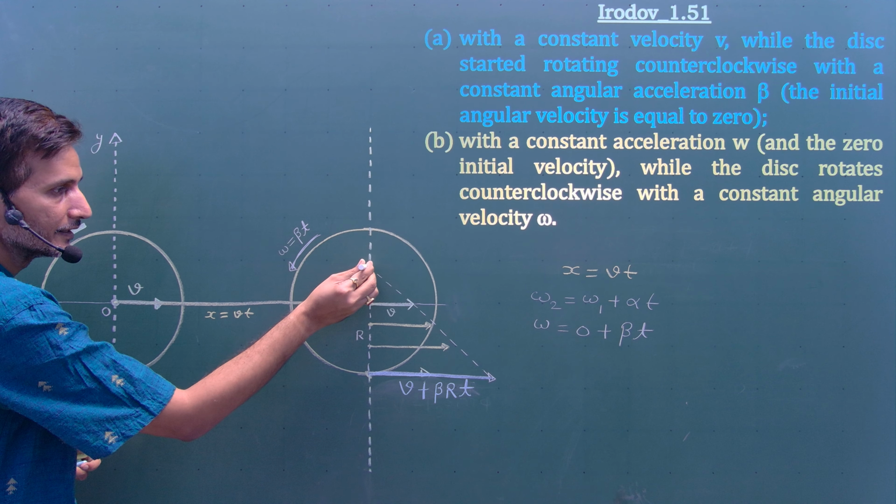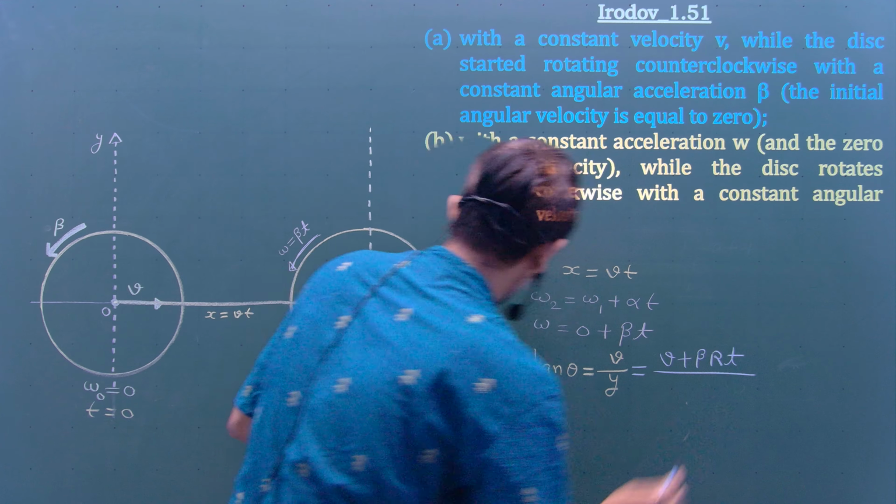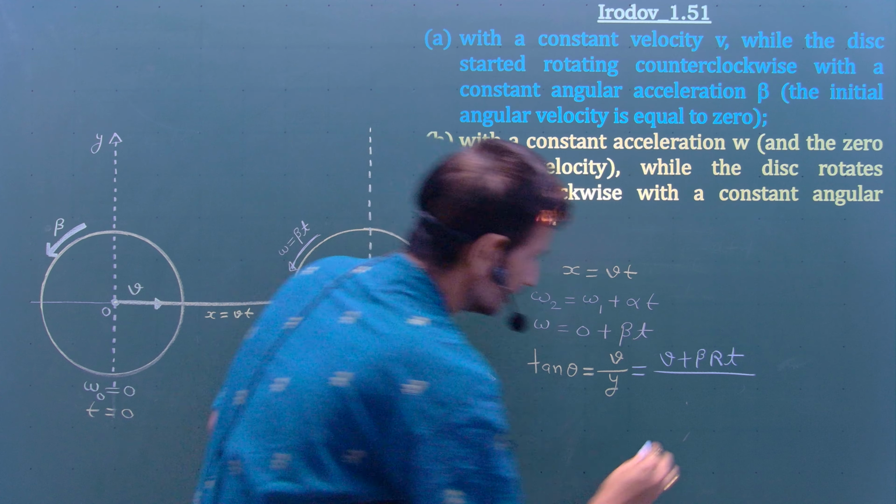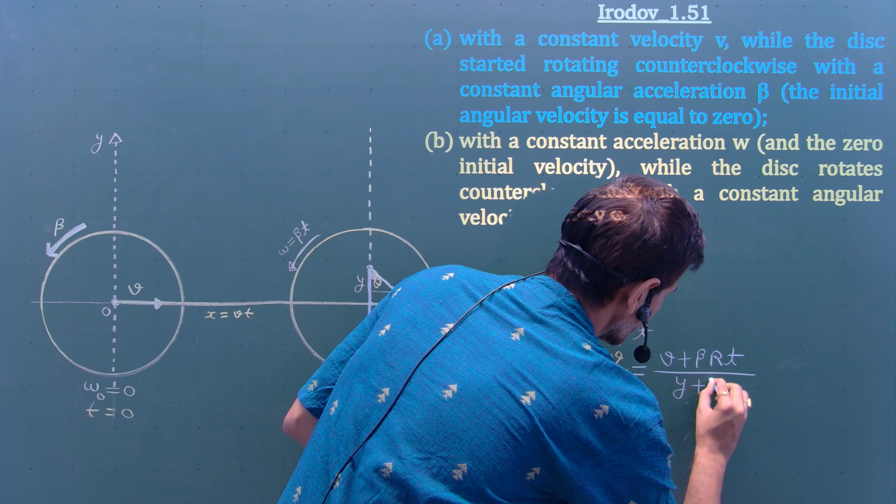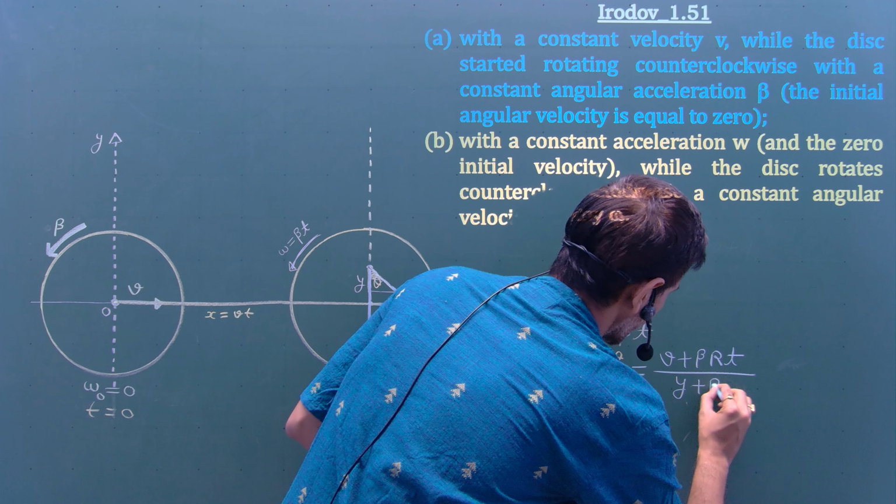Similarly, in this big right angle triangle, tan theta is equal to this length divided by this length. So tan theta should be equal to, this length is v plus beta into r into t, divided by this length, which is y plus r. So this is the equation.